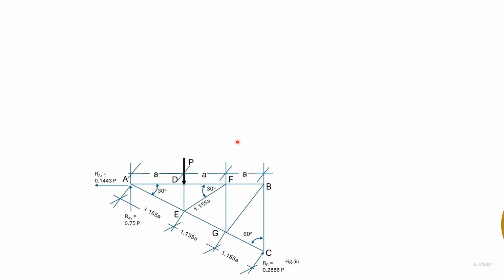Here we have redrawn the truss so that we can keep on referring to it as we progress. Earlier we found out the reaction at C and the reaction at A. We then solved the joint A and found out the forces acting at A due to AE and AD.